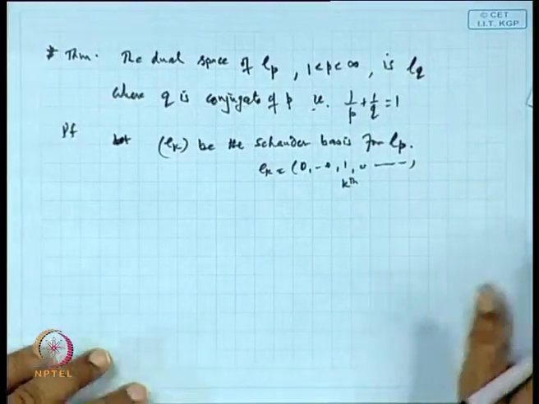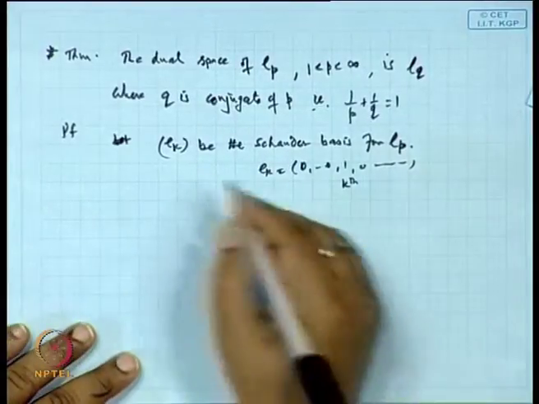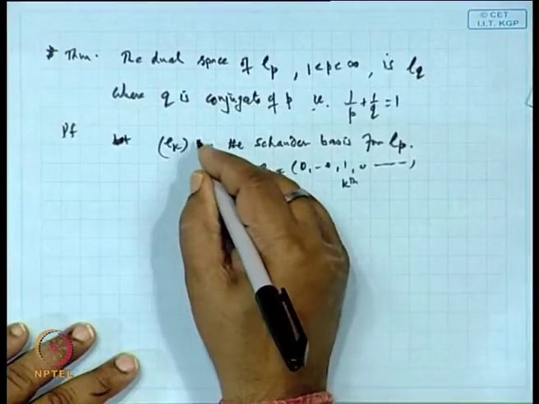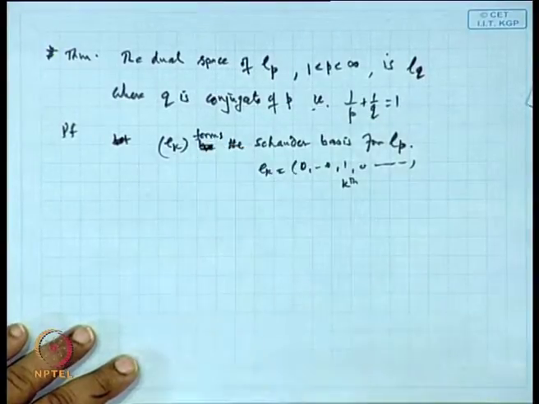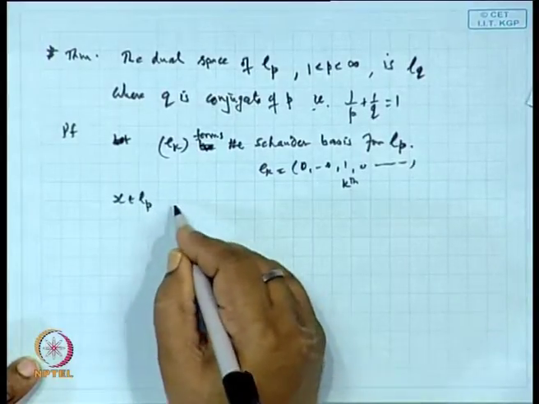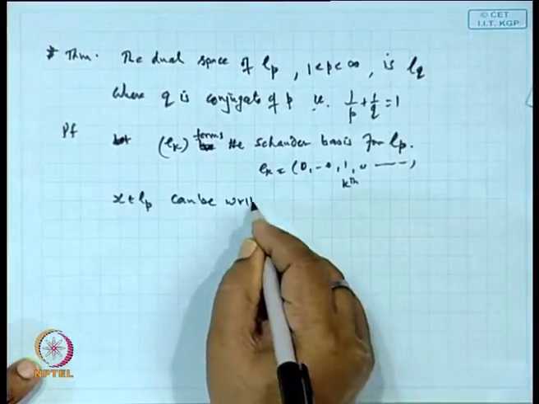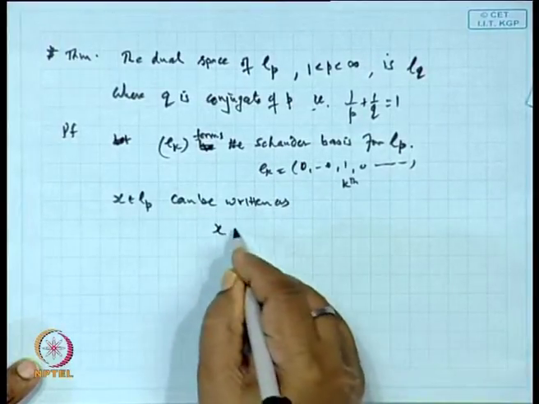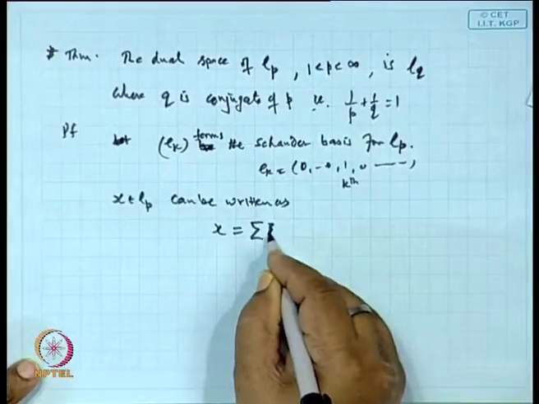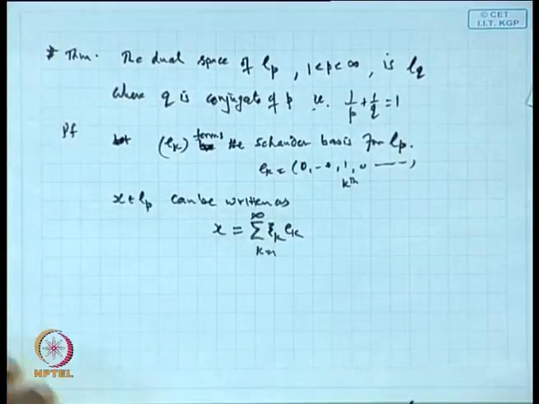So, E1, E2, En form a Schauder basis. Any element x belonging to LP can be written as x equals sigma xi Ek, k is 1 to infinity.